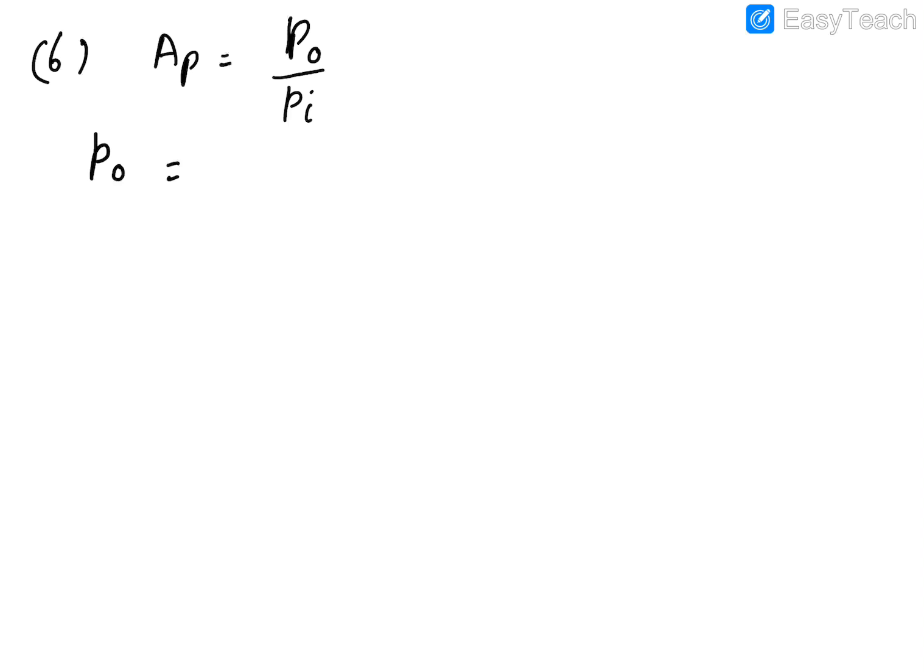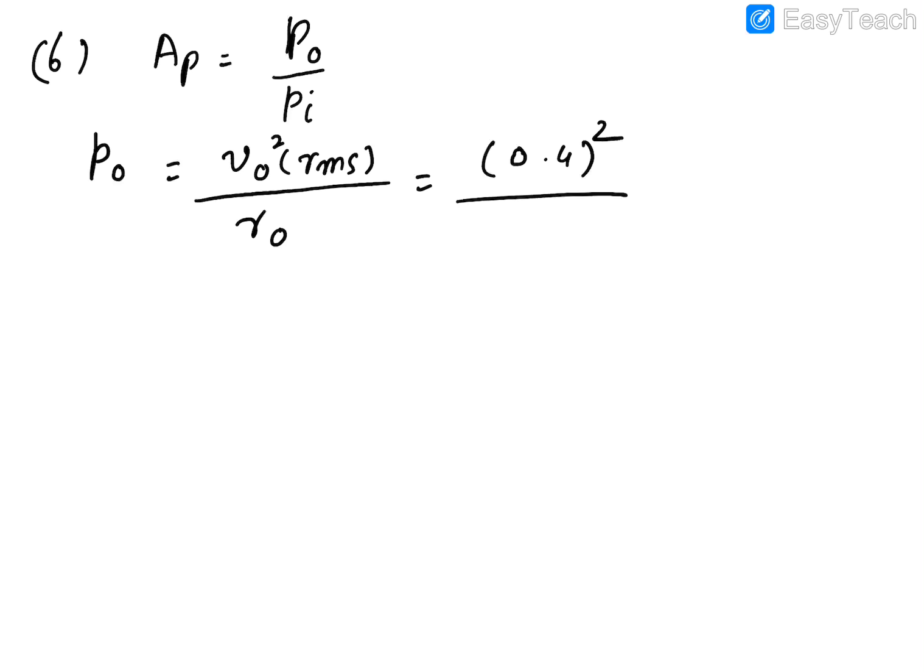Output power will be equal to V naught RMS whole square divided by R naught. V naught RMS is 0.4, and R naught is equal to R L in this case, and its value is 1.77 kilo ohms. That will be equal to 9.04 into 10 raised to the power minus 5.